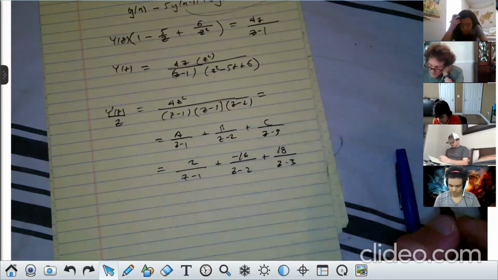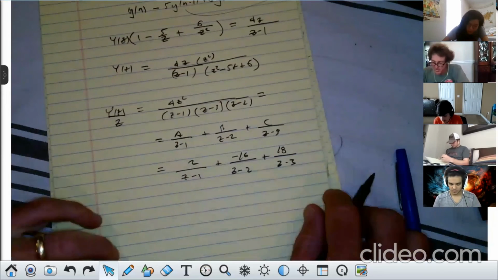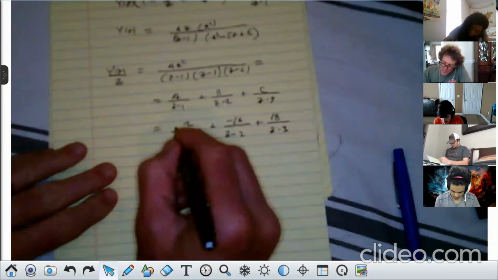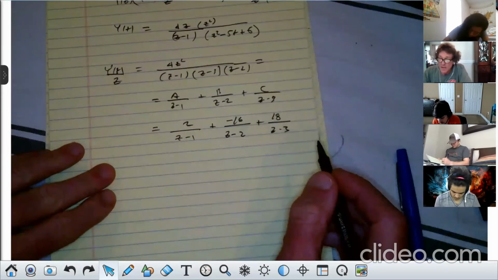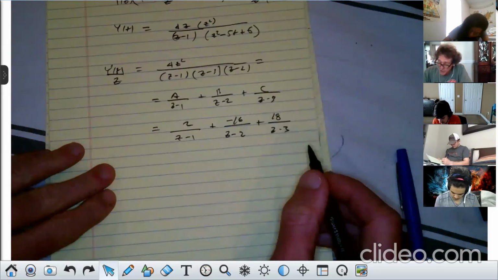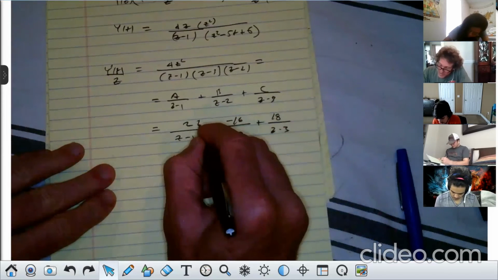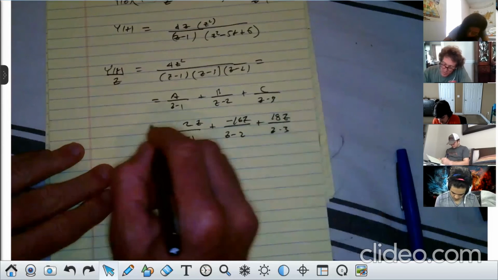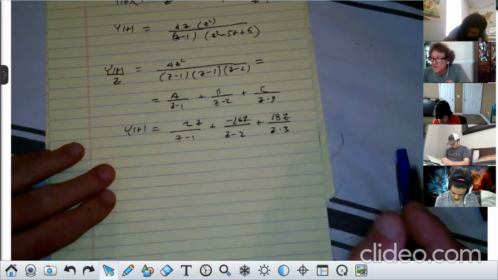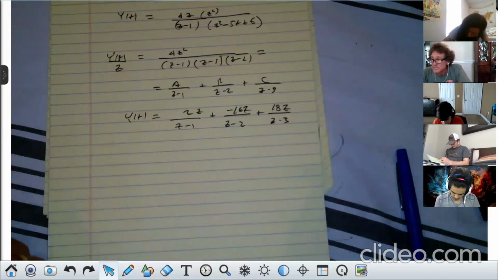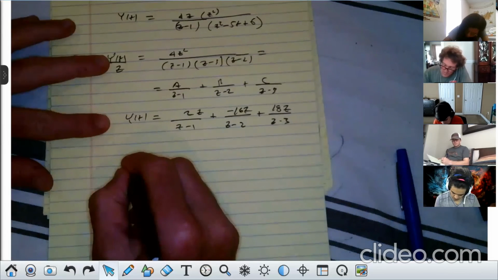All right, now to finish this problem up, remember that's Y of Z over Z, right? So we multiply by Z, and now we have Y of Z. Agree? Now, if that's Y of Z, what is Y of n?